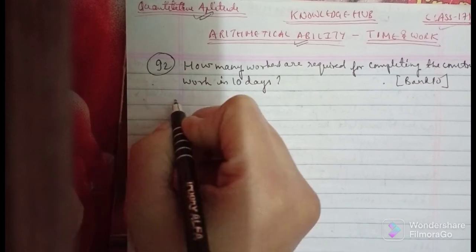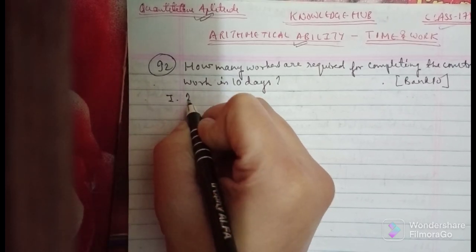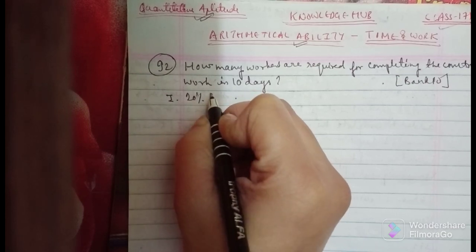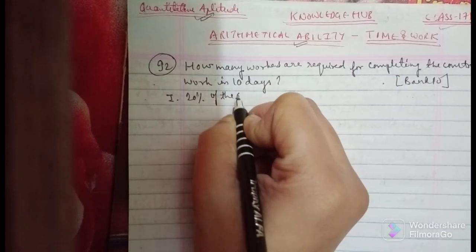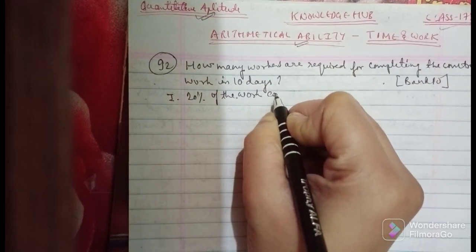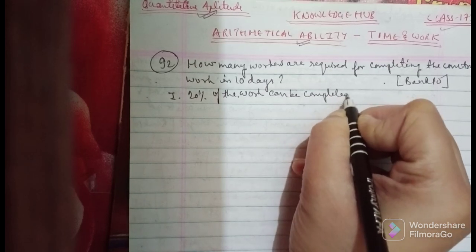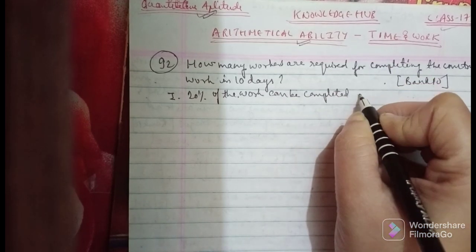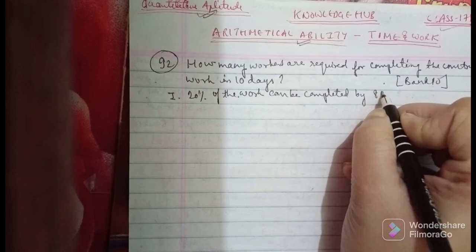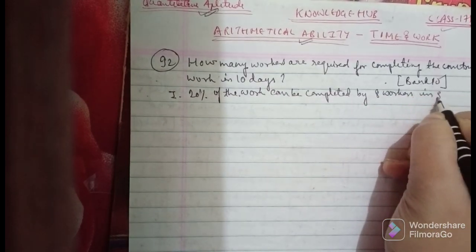The statement 1 is 20% of the work can be completed by 8 workers in 8 days.